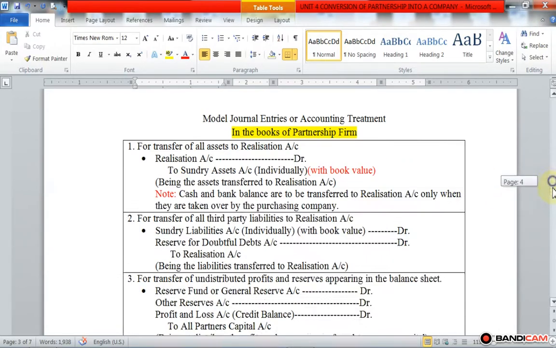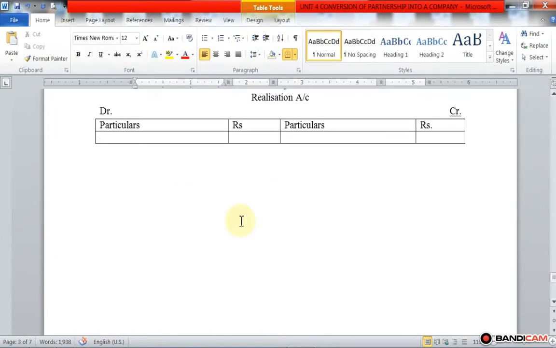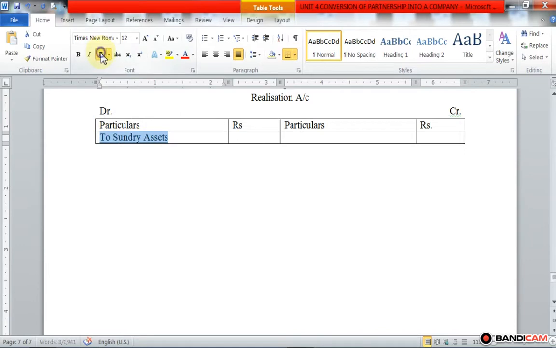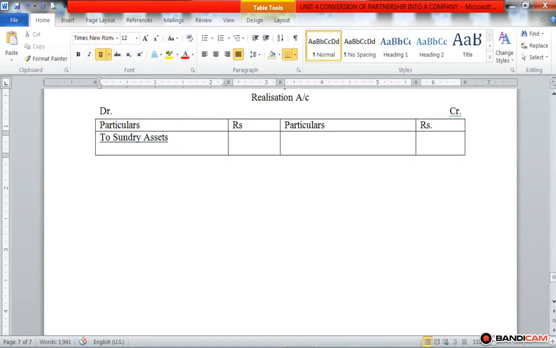The entry will be realization account debit to sundry assets. We transfer assets individually, and when we transfer the assets to the realization account, we transfer them at book value.